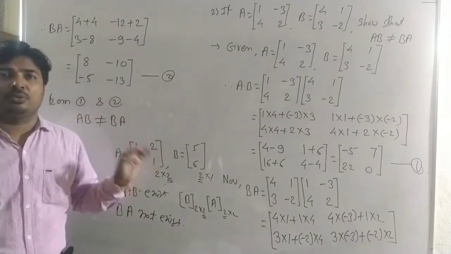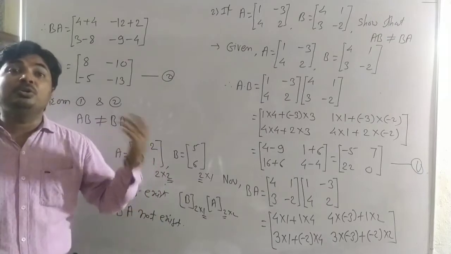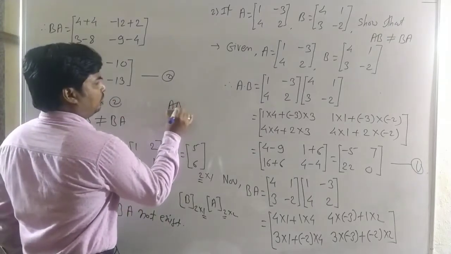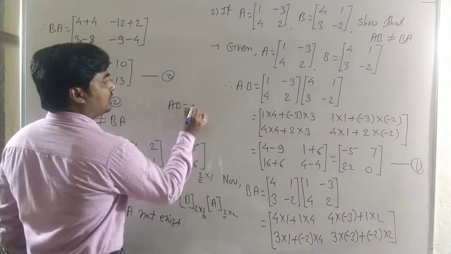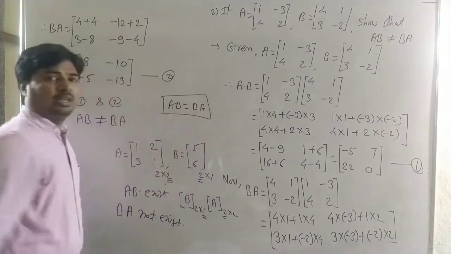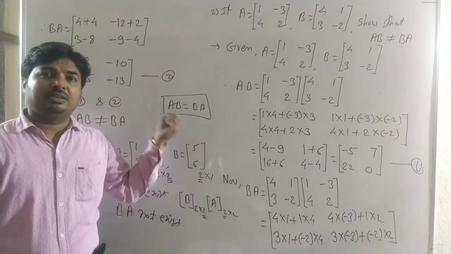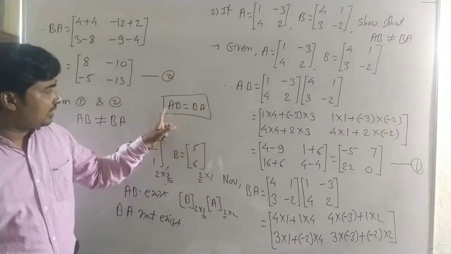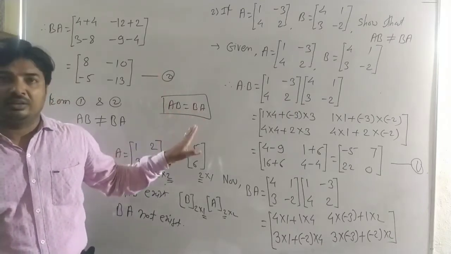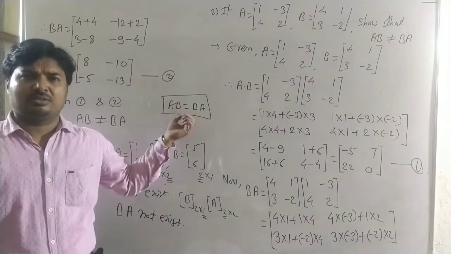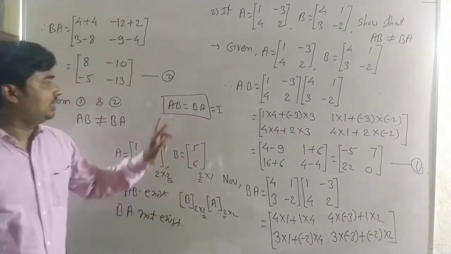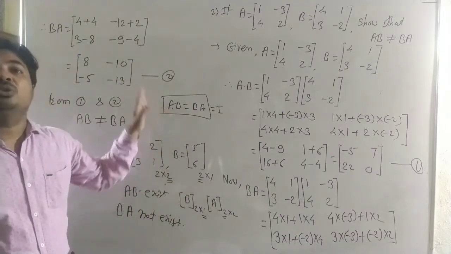There are some cases when A into B and B into A are the same. If the product is I, then these two matrices are called the inverse of each other.